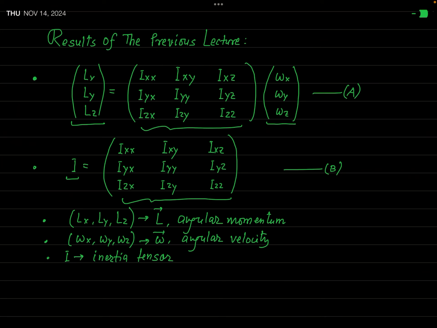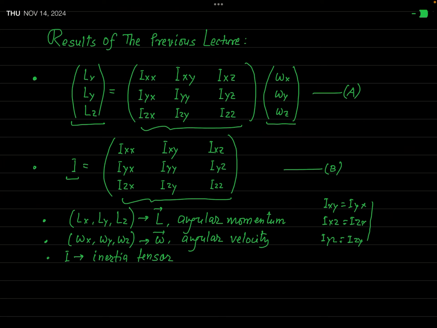This is a second order symmetric tensor, because in this case Ixy is equal to Iyx, Ixz is equal to Izx, and Iyz is equal to Izy. So this is a symmetric tensor. The symmetric nature of I bears an important advantage.